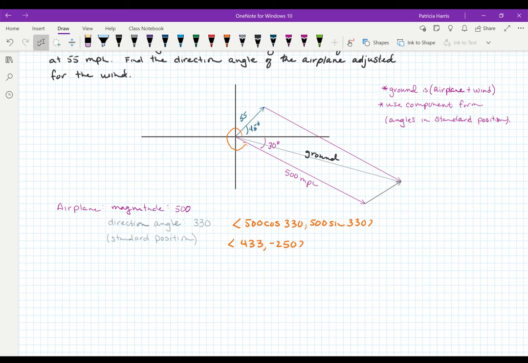Okay, so now let's talk about the wind. The wind has a magnitude of 55. Now its direction angle is already in standard position, so I don't have to change anything. So 45 degrees. All right, here we go. Component form.